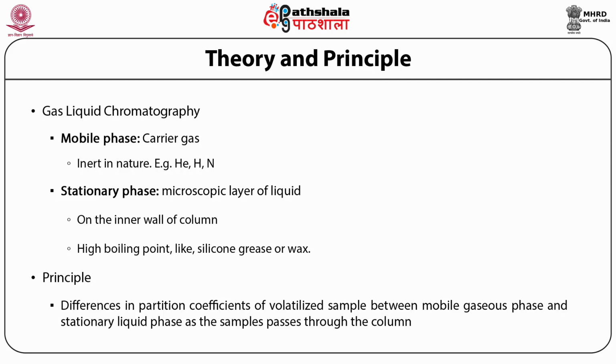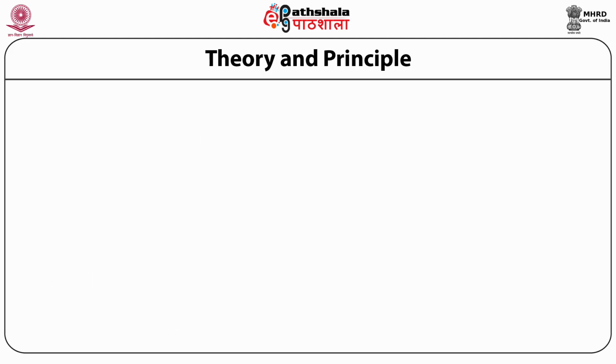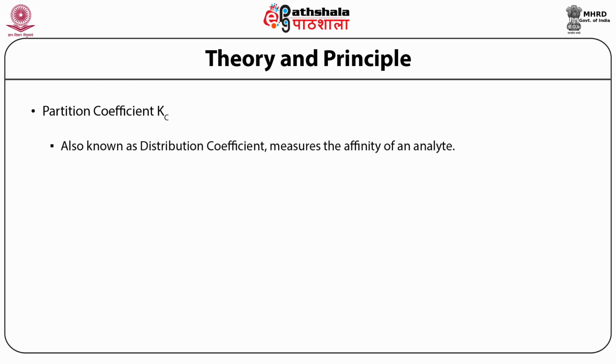Separation of components is achieved by a series of partitions between the moving gas phase of the sample and the stationary liquid phase held in the column. The partition coefficient, or we can also call it a distribution coefficient, measures the affinity of an analyte to be attracted to the stationary phase.